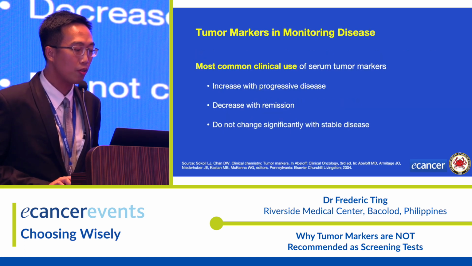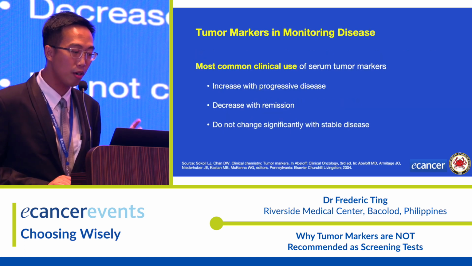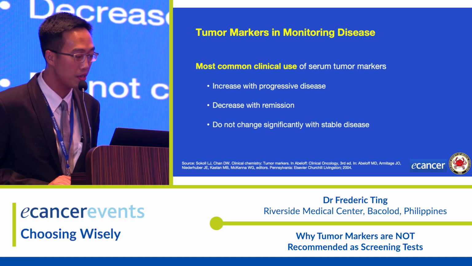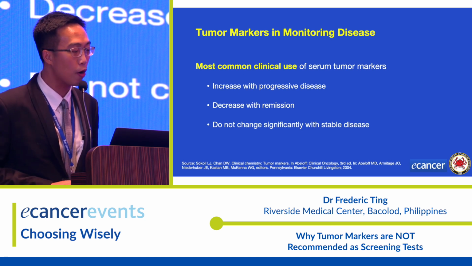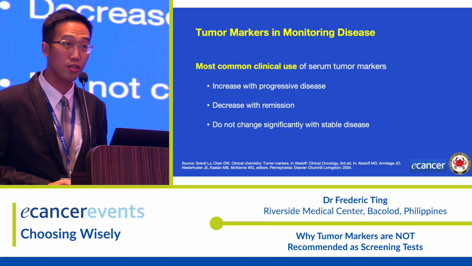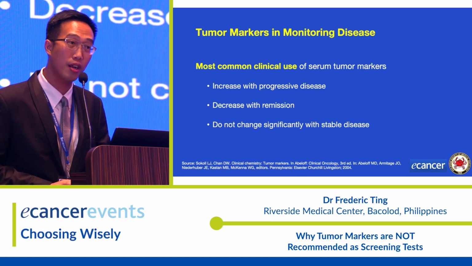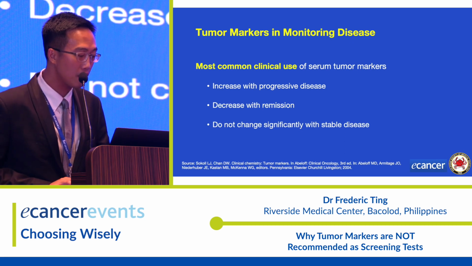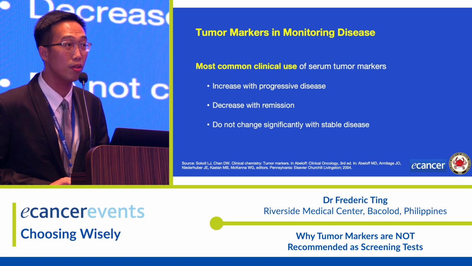So it's important to remember that in terms of monitoring disease, this is the most common clinical use of serum tumor markers. So we all know that it increases with progressive disease, it decreases with remission, and it does not change significantly with stable disease.